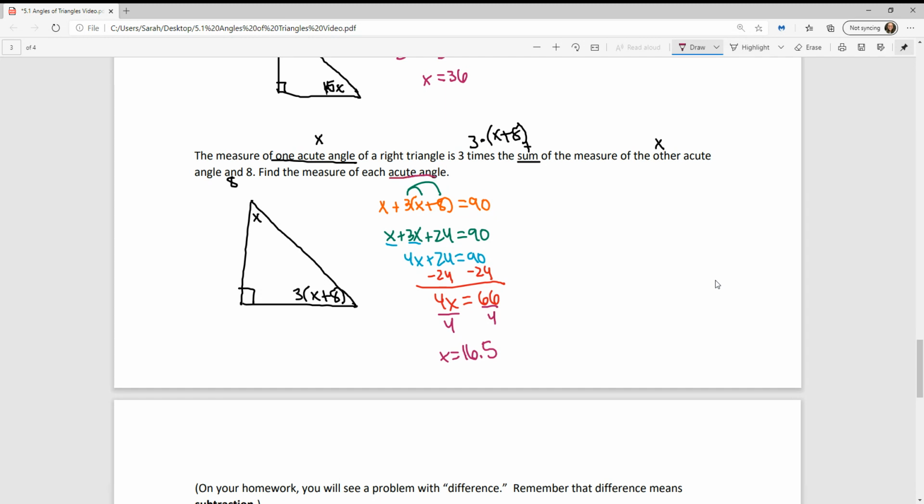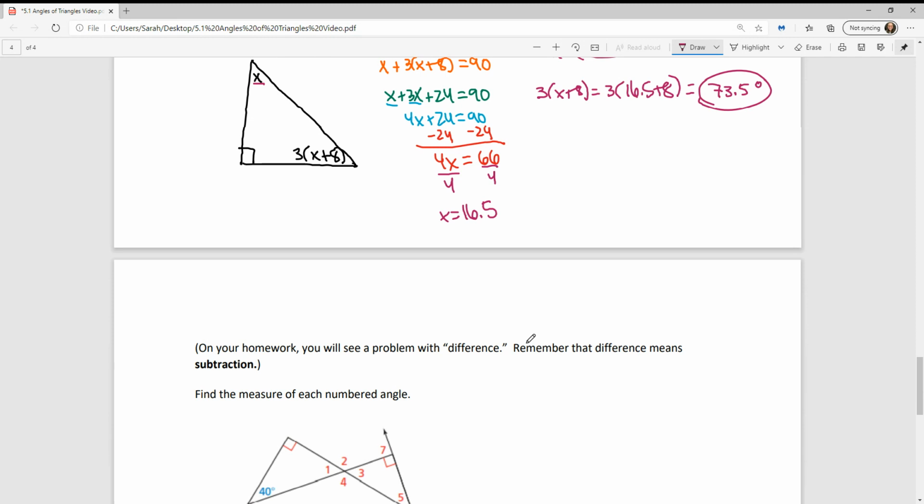Now I need to find the measure of each acute angle. One of them is x, so one of them is just 16.5 degrees. The other one is 3x plus 8, which is 3 times 16.5 plus 8. And you can do that by hand or in a calculator. Either way you go, you're going to get 73.5 degrees.